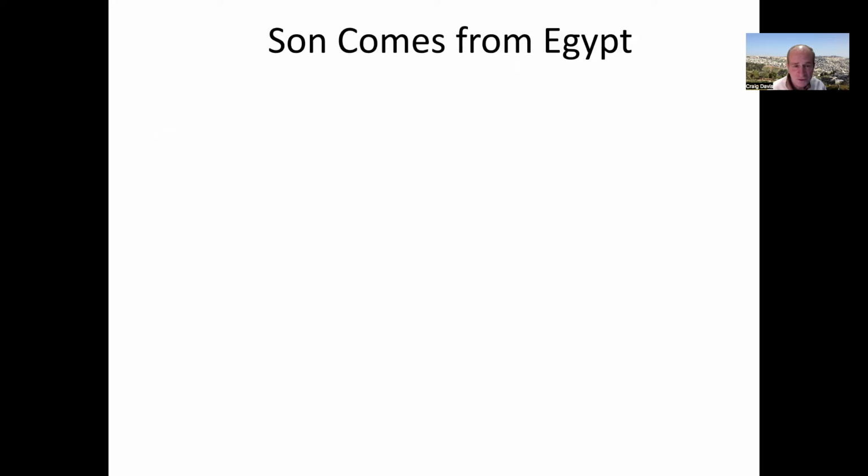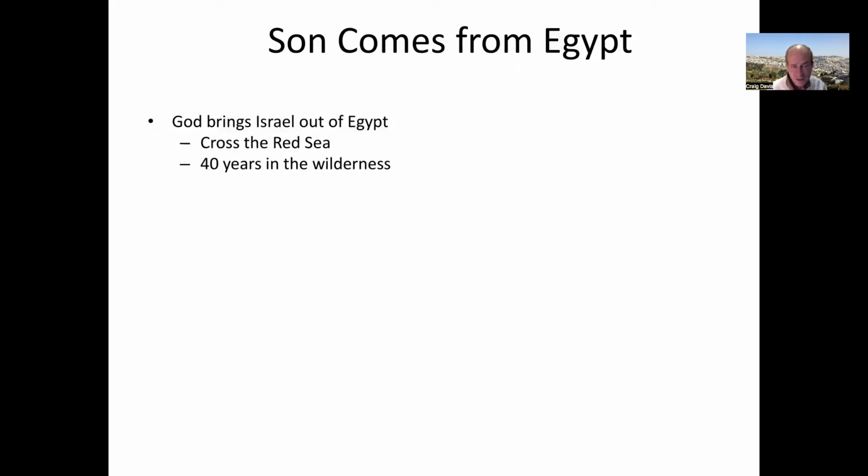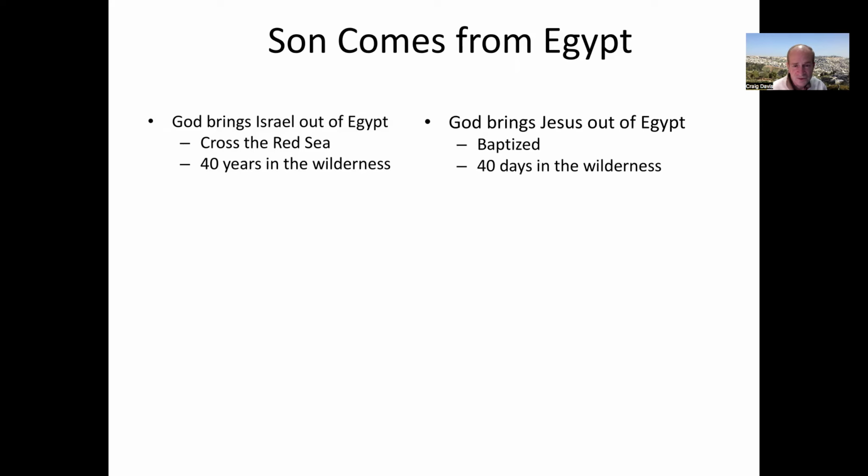Or how about the son comes from Egypt? God brings Israel out of Egypt. They cross the Red Sea and they're 40 years in the wilderness. God brings Jesus out of Egypt. He is baptized, so you have a water thing there, and then 40 days in the wilderness.